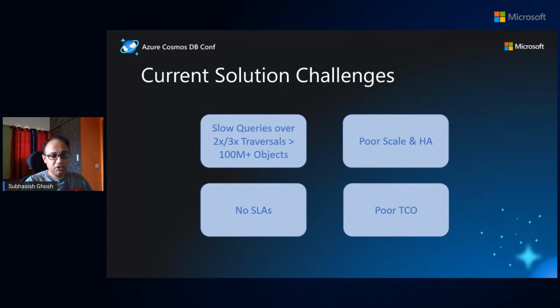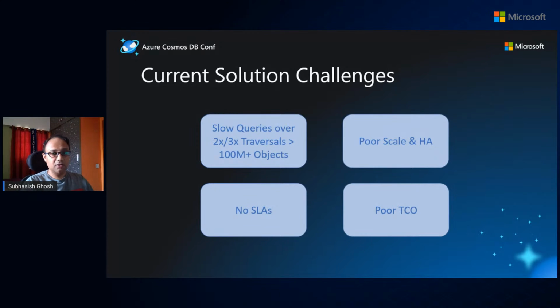In other words, not just the traversing, but if you want millisecond level latencies in completing these traversals, it becomes very important to look at optimized graph solutions and move from vertical graph solutions into something which can give you horizontal scale.